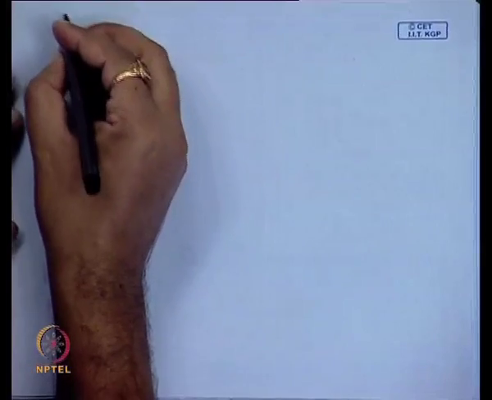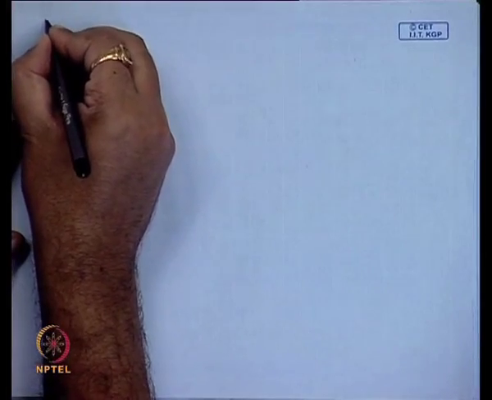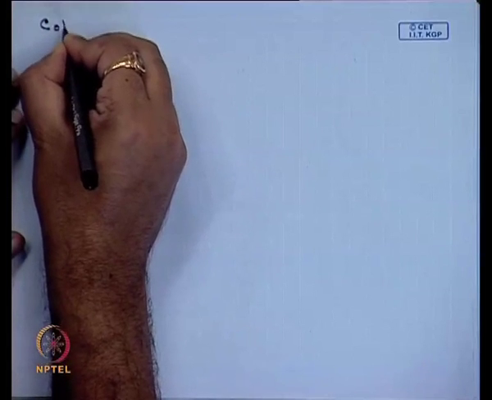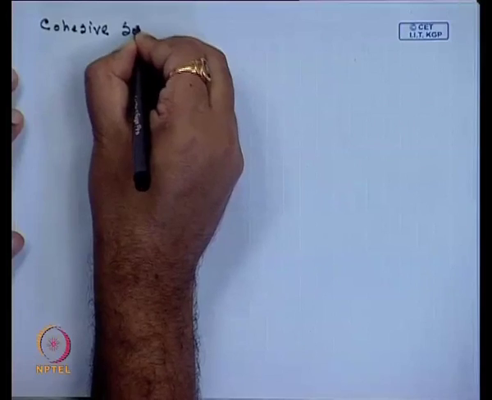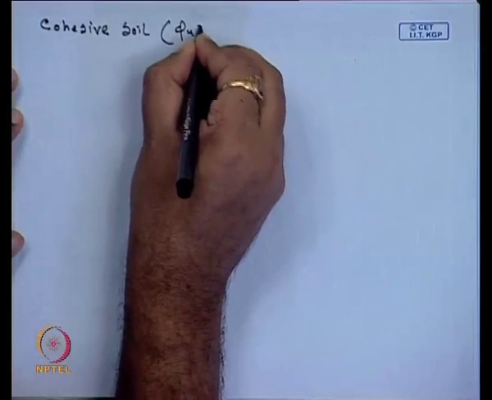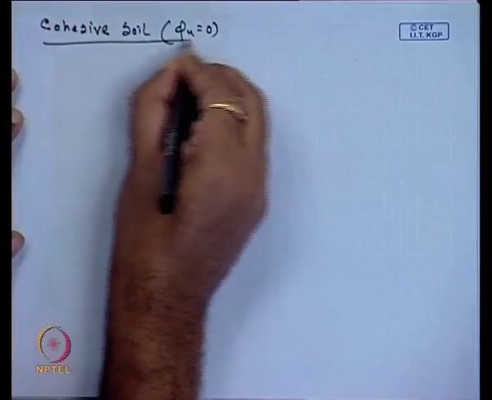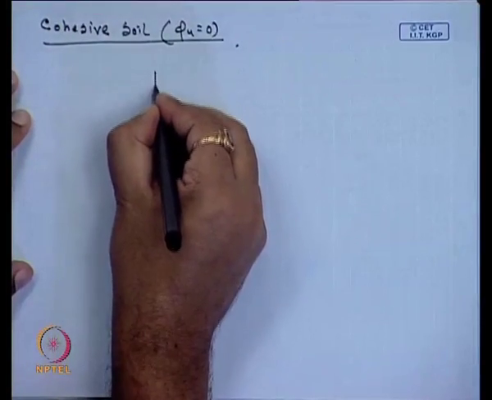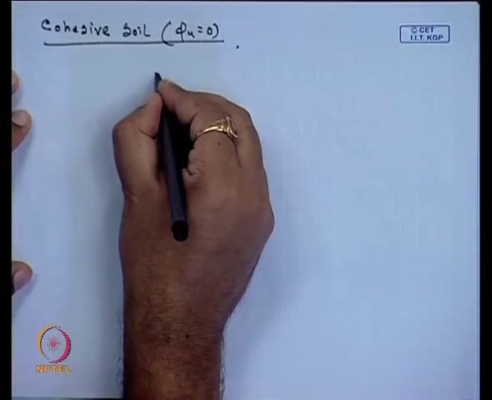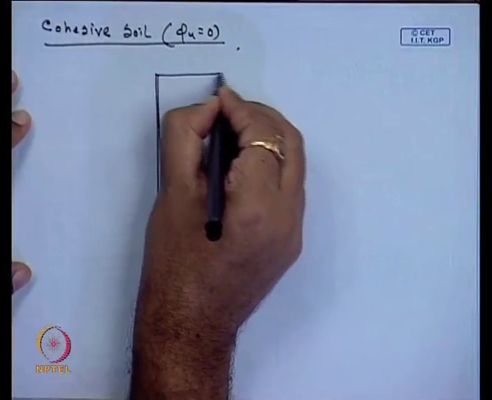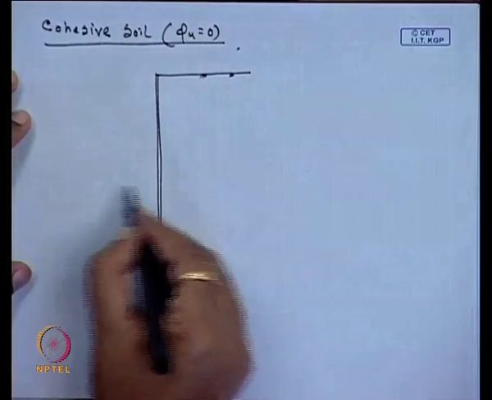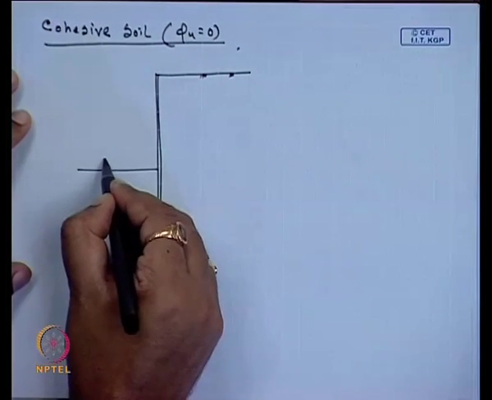Now, for the clay soil, what we will do is the same calculation for the cohesive soil, where phi u equal to 0, and the same sheet pile. This is ground level, this is dredge level.